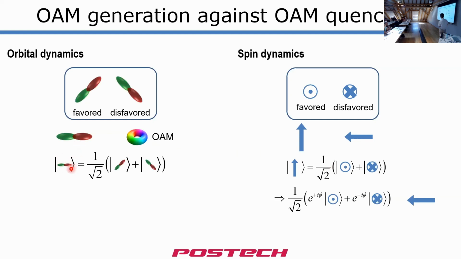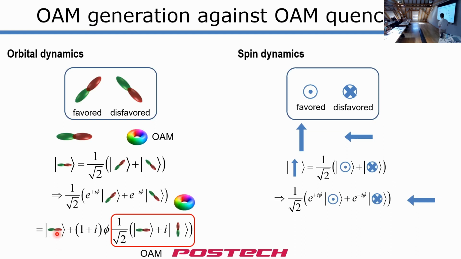So this is my initial configuration, which is a superposition of this state and this state. And if I wait just a little bit, each of these eigenstates will acquire a phase factor like this. And this resulting state, compared to the original state, may be written like this: original state plus some extra, and this extra term has orbital angular momentum.